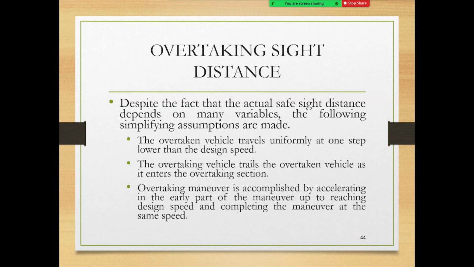Then, the overtaking maneuver is accomplished by accelerating in the early part of the maneuver up to reaching design speed. So what I do is, I accelerate up to 70 and then complete the maneuver at the same speed. So they don't assume I reach quickly into 100 kmph and then I overtake the person.